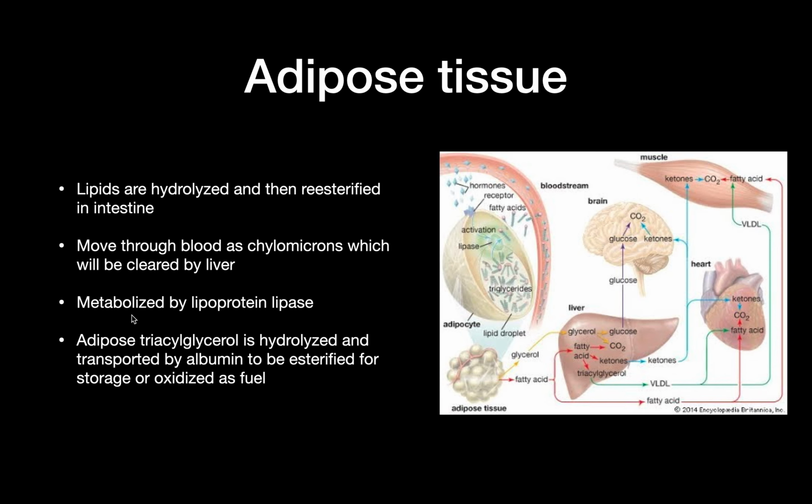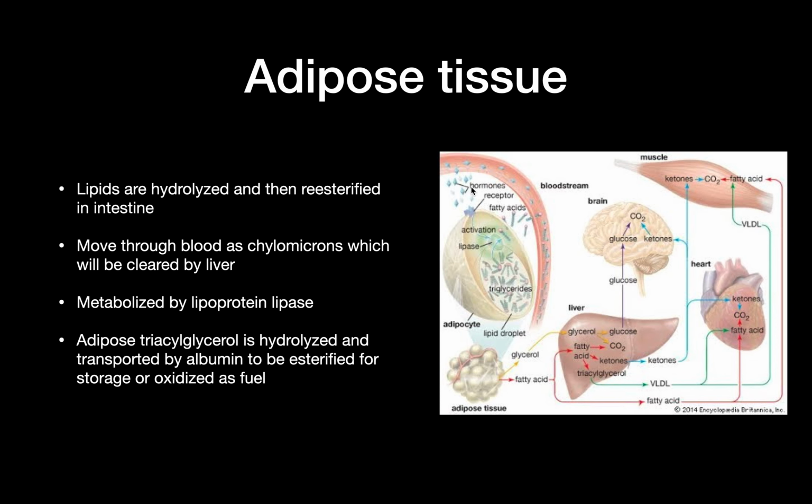And in the liver, they are metabolized by the lipoprotein lipase. Remember, lipase cleaves. Then the adipose triacylglycerol are hydrolyzed and transported by albumin to be esterified for storage or oxidized as fuel.